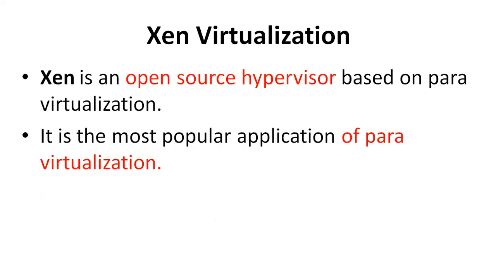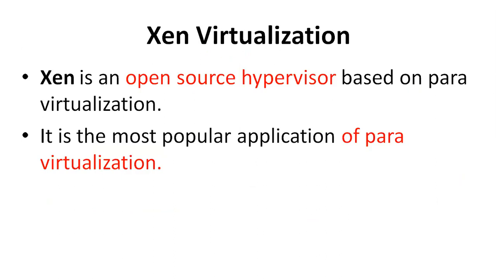Here, Xen is an open source hypervisor based on para virtualization. In the virtualization concept, there are three different types: one is para virtualization, another is full virtualization, and the other is OS partitioning. In the previous session we discussed the concept. Para virtualization means that on top of the hypervisor, you install the operating system.